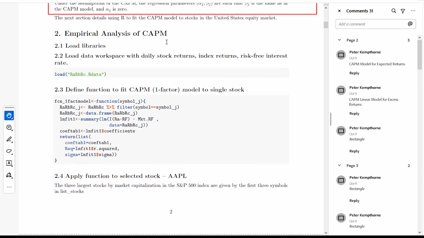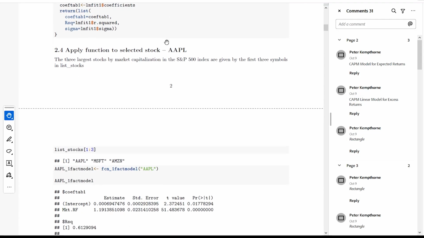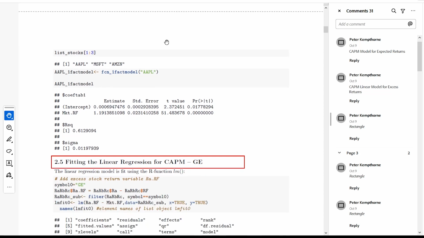I think what's perhaps useful is just to see the code for doing these computations. It's included in the note here.